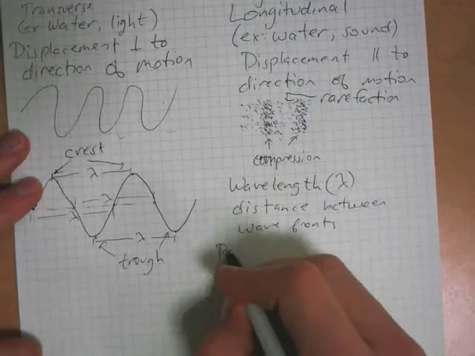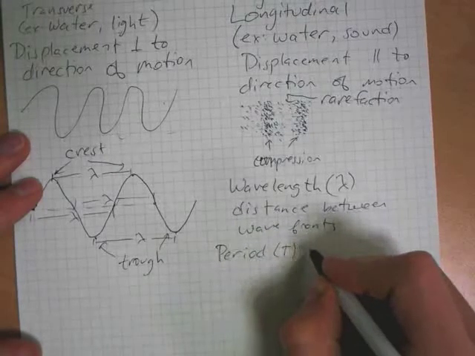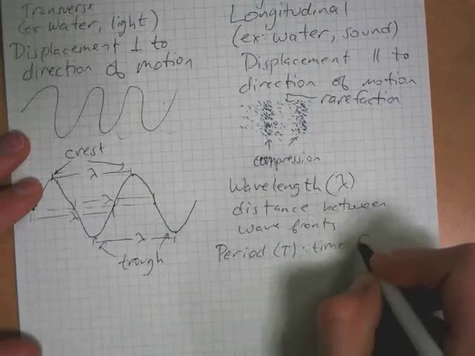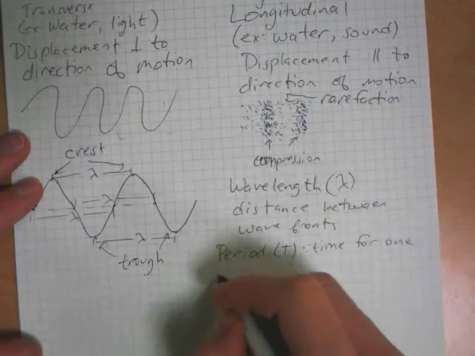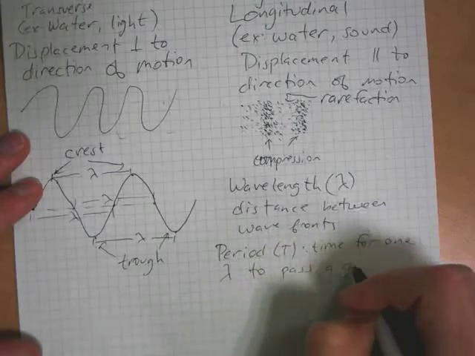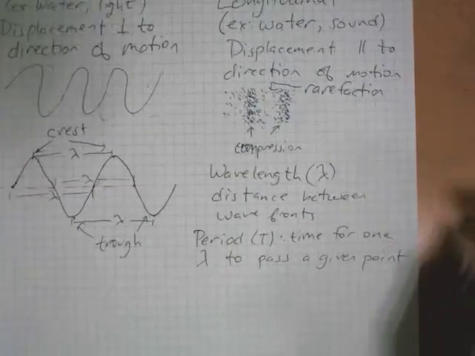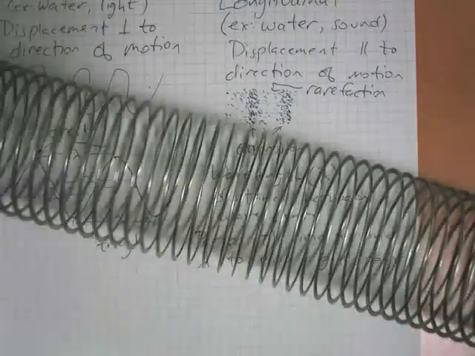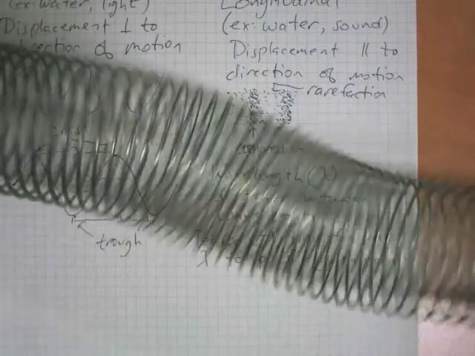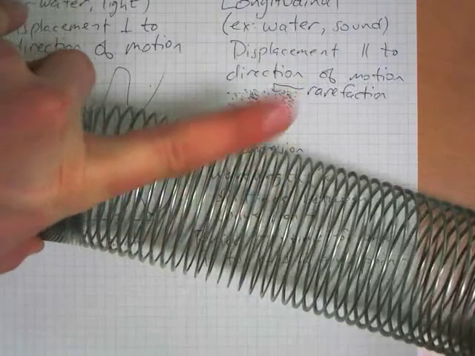Period is the same thing it was for rotational motion. It's just the time for one wavelength to pass a given point. So, if I'm creating oscillations this way, it's the time it takes at a single point to go from peak to peak, or trough to trough.